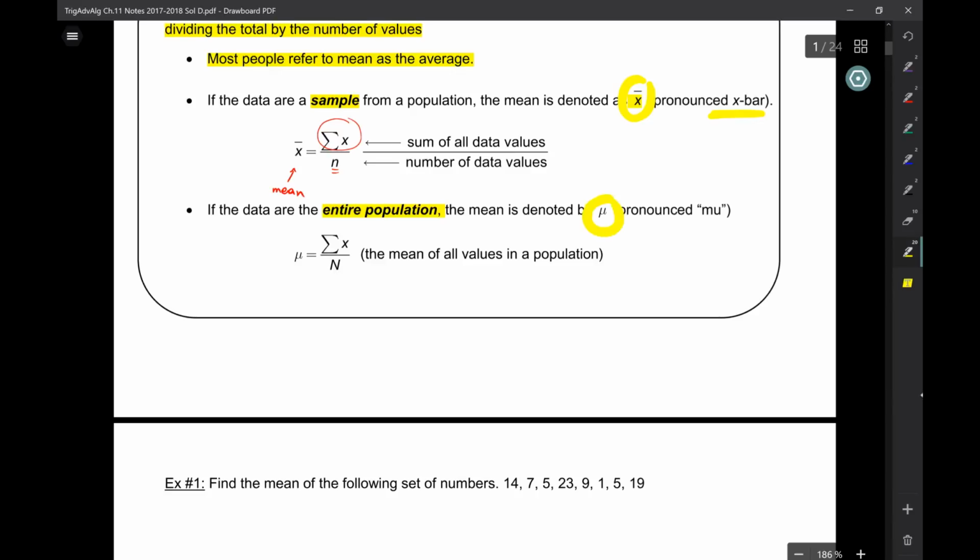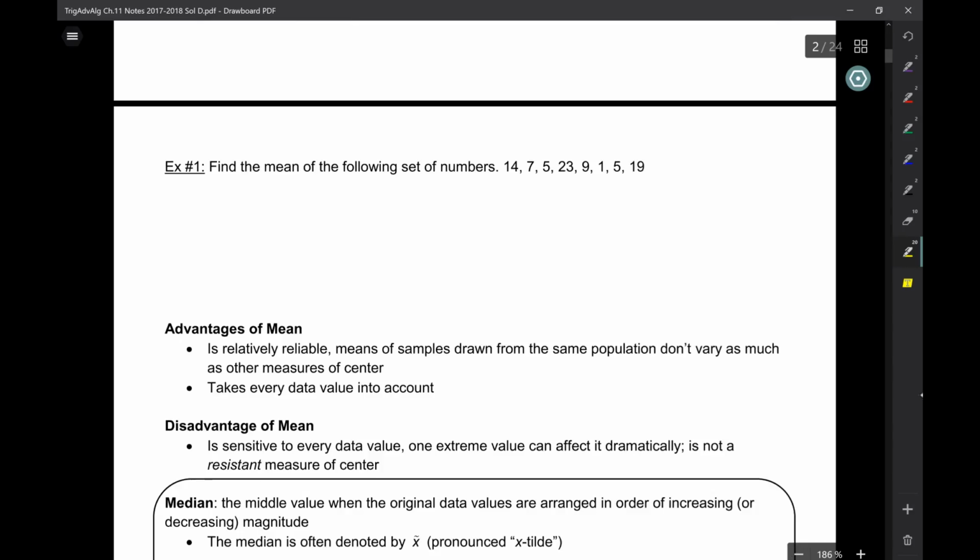That makes the m sound. It's a totally different letter. And mu is again the sum of all the values divided by capital N. That's everybody in the population.